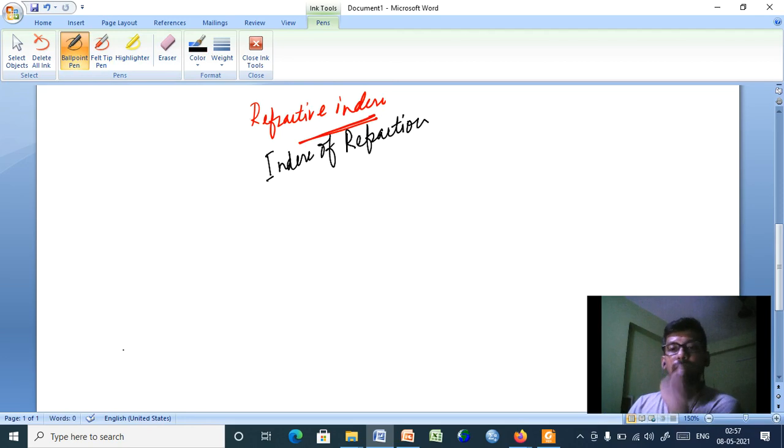So, how can we interpret this? Actually, this is a mechanism by which we can identify the bending of a ray of light when it passes from one medium to another. This bending is known as the refractive index.